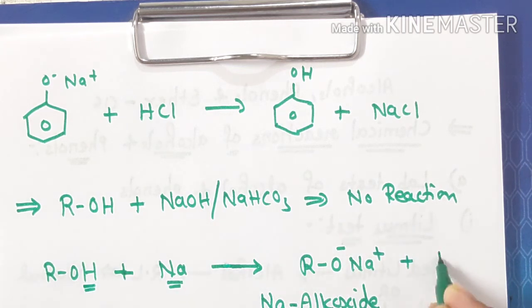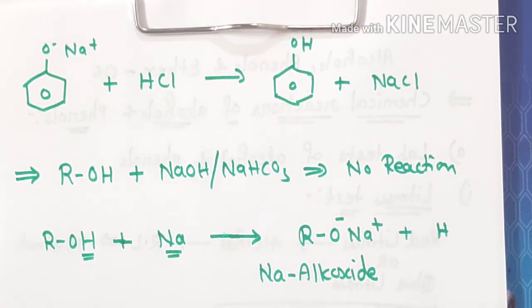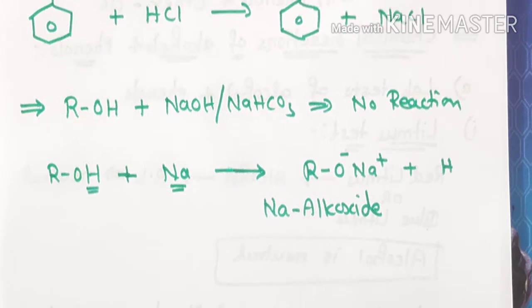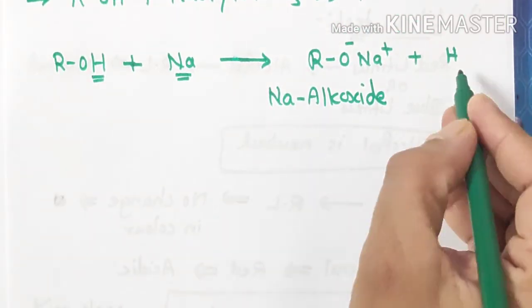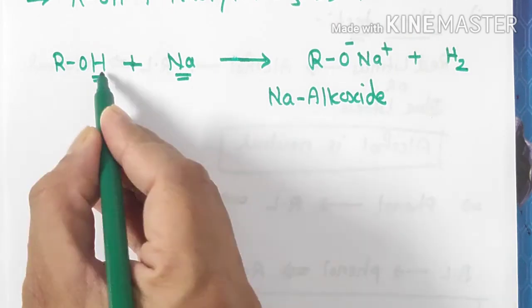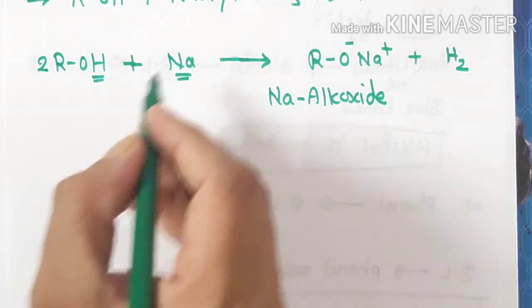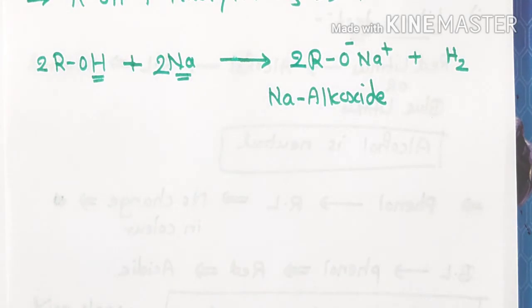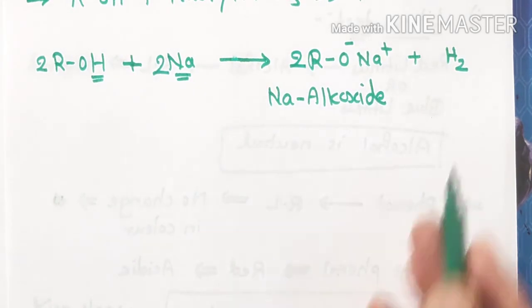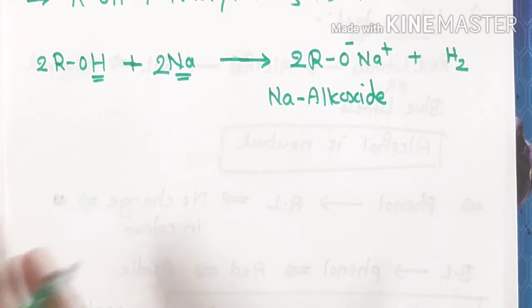When H goes out, it will be only H, but H can't remain like H because hydrogen is stable in H2 form. So I have to take 2. For that I need 2 hydrogen, so I will write here 2, and for that I need 2 sodium, and here also 2. That is the balancing, simple. So what does this reaction prove?